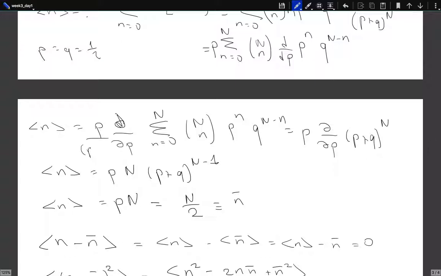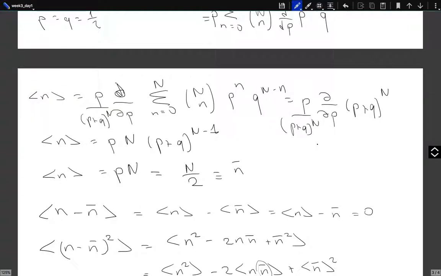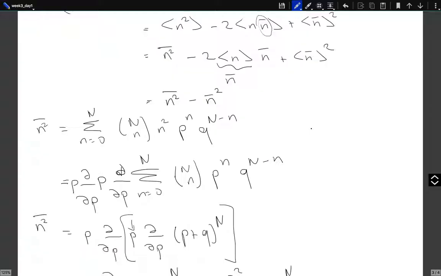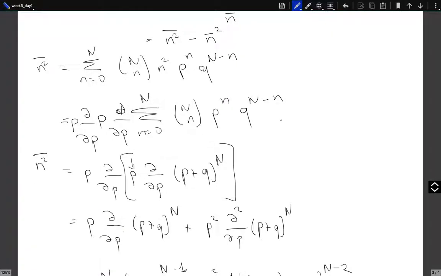So basically, if I correct this derivation here, I need to divide by P plus Q to the n. But this result doesn't change because basically P plus Q is 1. After this step, I'm just setting P plus Q equal to 1. Before, they were independent; at this step I am taking them to be dependent. And similarly in the calculation of n squared, again basically the same thing.